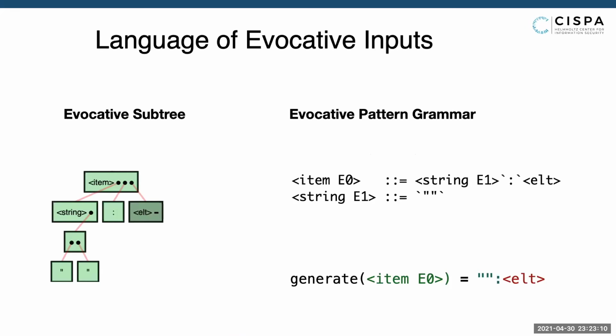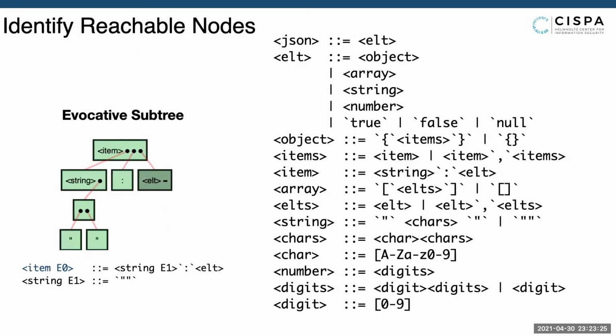The next step is to linearize this evocative subtree into a linear grammar that will precisely reproduce this tree. And we accomplish this by tagging the non-terminals in the tree nodes with monotonic suffixes such as E0, E1, E2, etc. Then we look at where we can insert our evocative subtree. For this, we start with the root node of our tree.